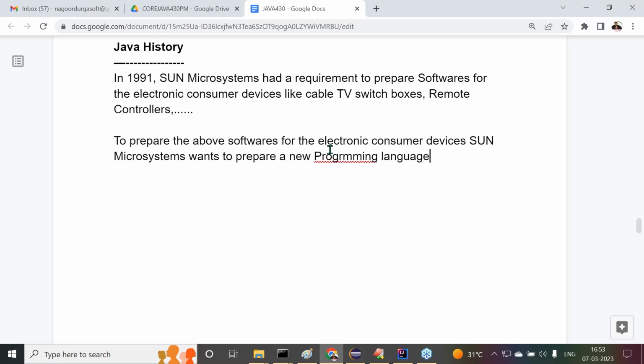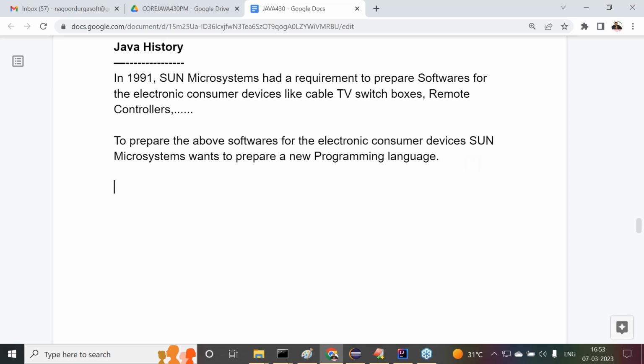All of you observe carefully what I'm telling. I'm typing this content for your sake, but understand it now. To prepare software for these electronic consumer devices, Sun Microsystems wanted to prepare a new programming language. That was the requirement in 1991.